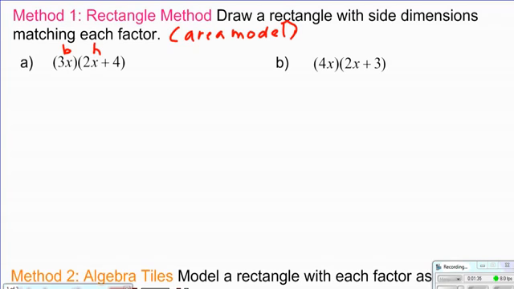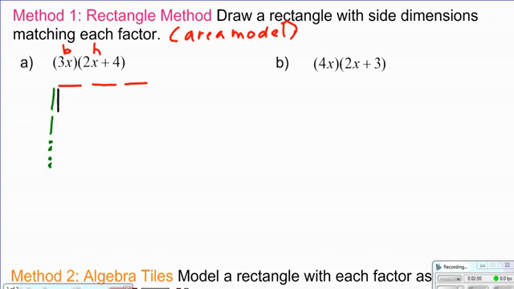So if we say a base of 3x, so 1, 2, 3x, and you can sketch it or you can build it, whatever you like more. And then the other length has to be 2x plus 4, 1, 2, 3, 4. Okay, so now we're going to multiply each piece and see what kind of tile fits it.